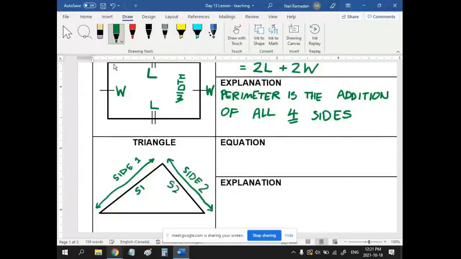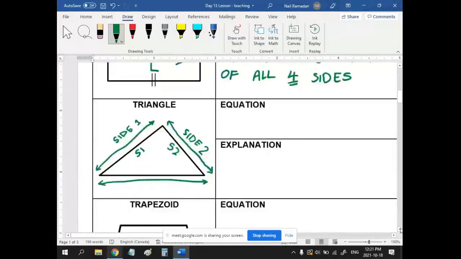Which means this one will be, actually, I'm not going to call it side 3. I'm going to call it a very special name. I'm going to call it the base. So everyone go ahead and call it base. B A S E. Base.